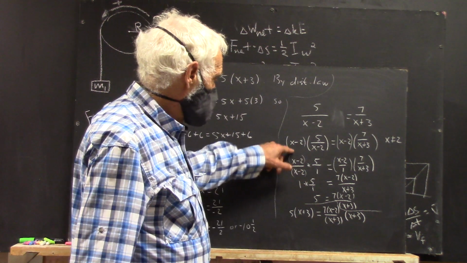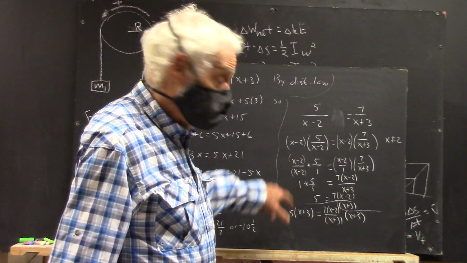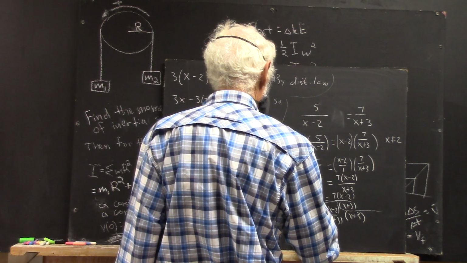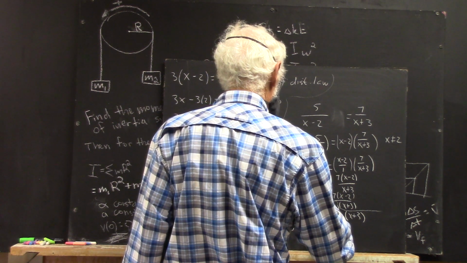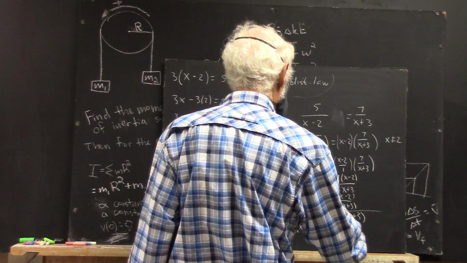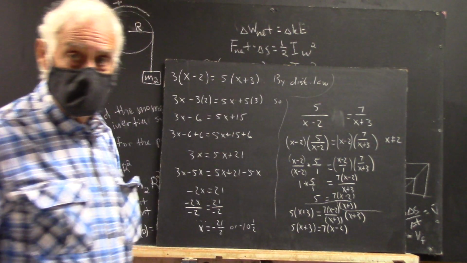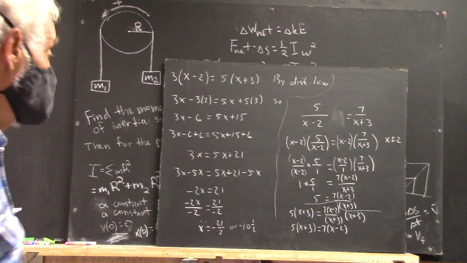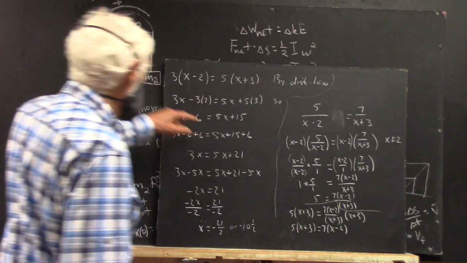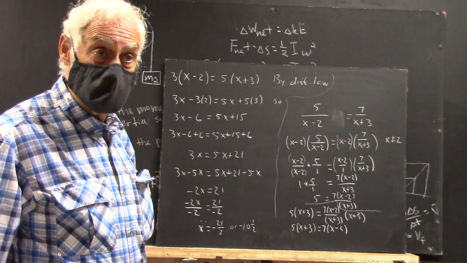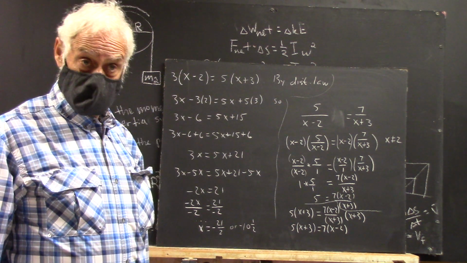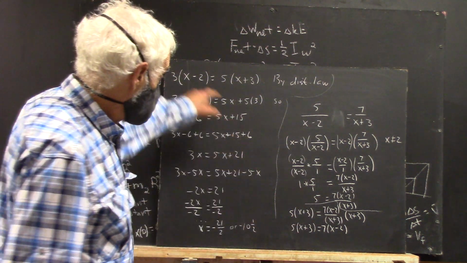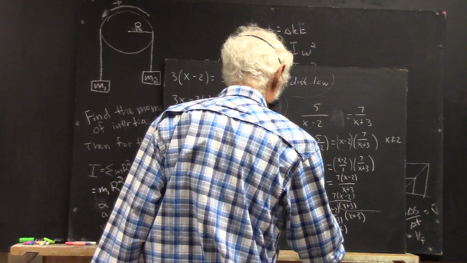Well, I'm not going to write out the gory detail here that I did over here, but this tells you that 5 times x plus 3 equals 7 times x minus 2. Okay? And now you're home free because this problem is exactly the same as this one, except I got slightly different numbers. Right? So you know what to do from here. So from here, it's just the same steps as this one, so I'm just going to say, etc.